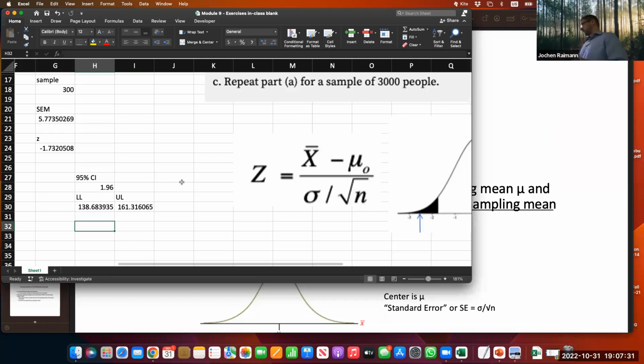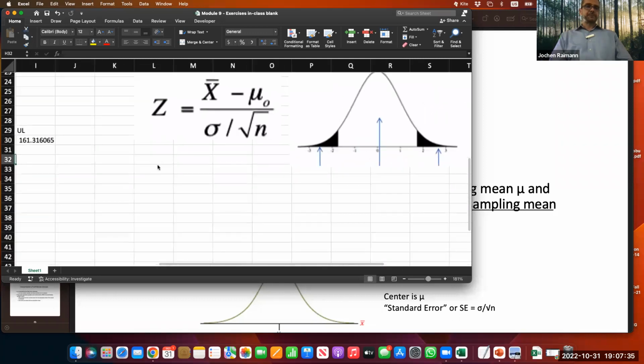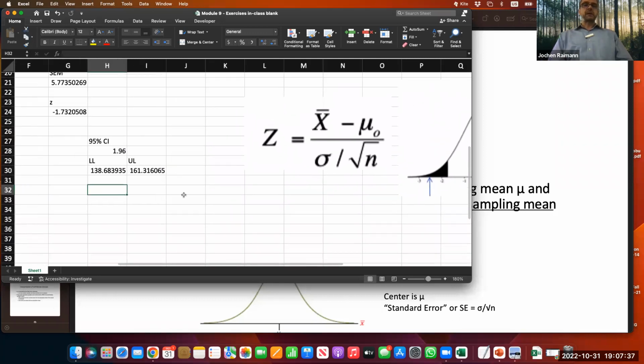So when I'm interested in a 5% alpha, you can use the 95% confidence interval for hypothesis testing as well. So if your population mean is contained in your confidence interval, you will accept the null hypothesis.